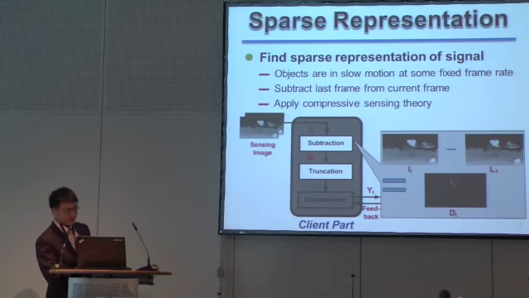Sparse representation. To apply compressive sensing, we must find the signal's sparse representation. As we know, adjacent frames, like these two images, are very similar. We cannot tell the difference between them. But when we subtract the next frame from the current frame, we get the slight difference, which often indicates the edges of moving objects.